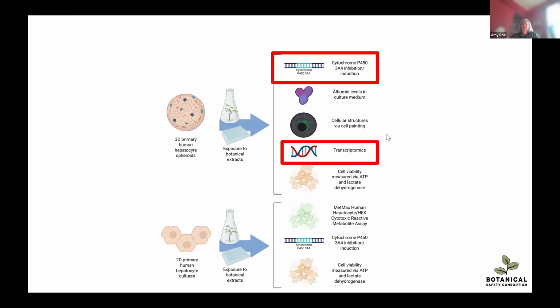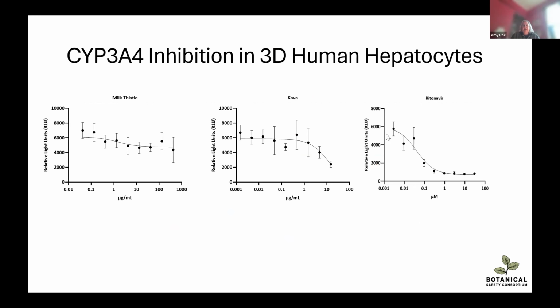Now, moving on to the 3D primary human hepatocytes and looking at inhibition, we see a similar profile for inhibition. No inhibition from either milk thistle or kava. Maybe a slight inhibition at the upper treatment level, but again, you're maybe starting to see a little cytotoxicity.